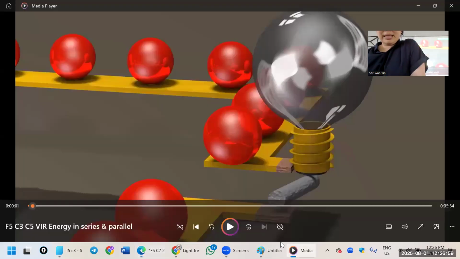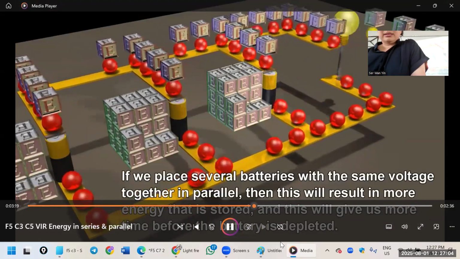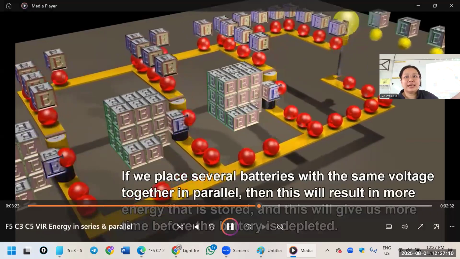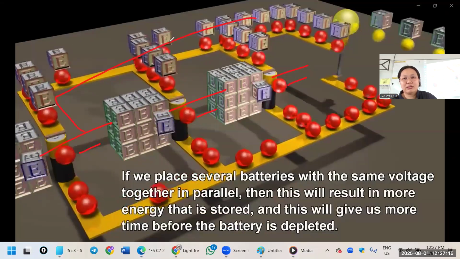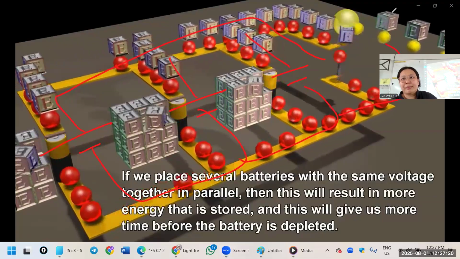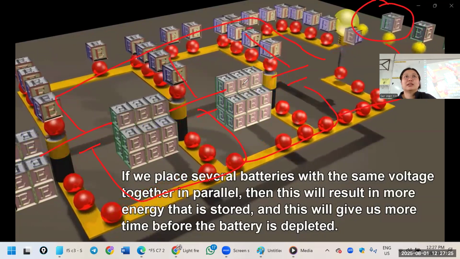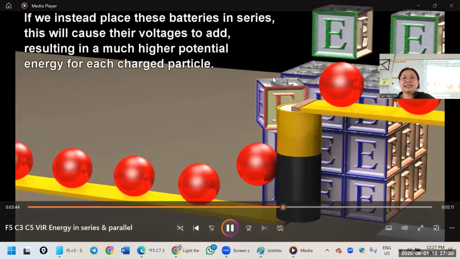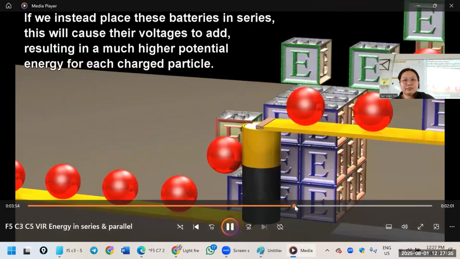Guys, look back to this. What is this connection? This is parallel. In parallel, the voltage won't increase. And then this is series.